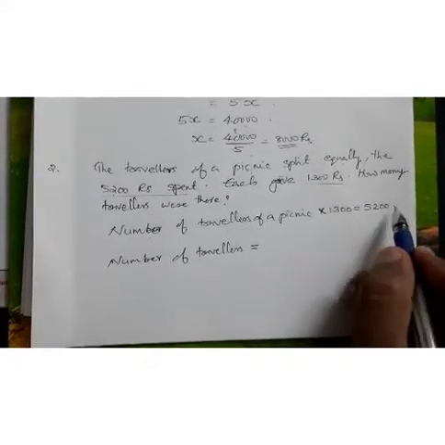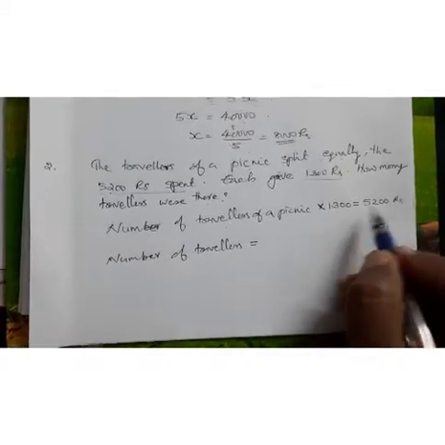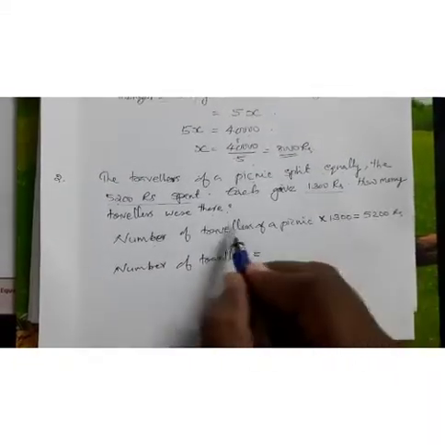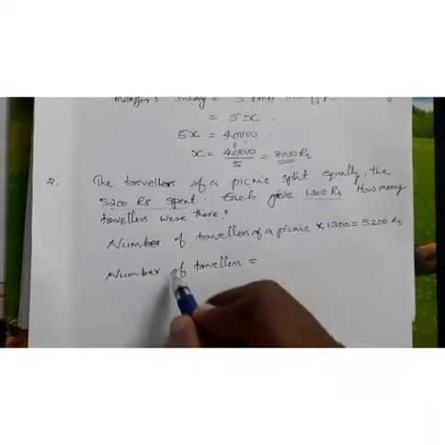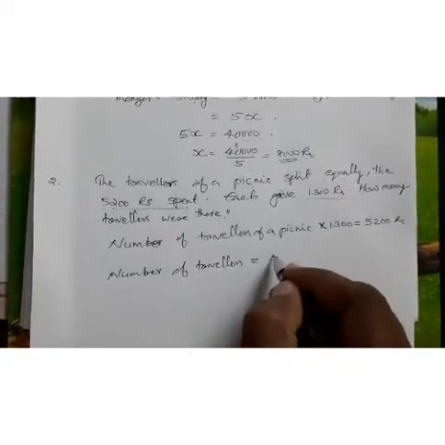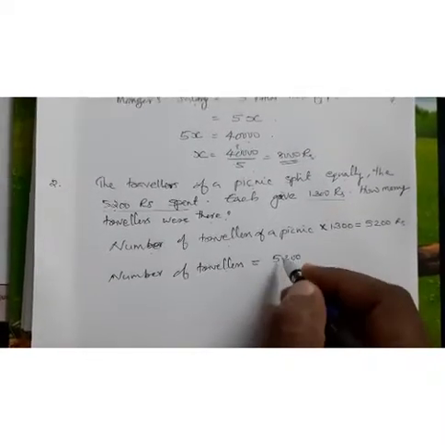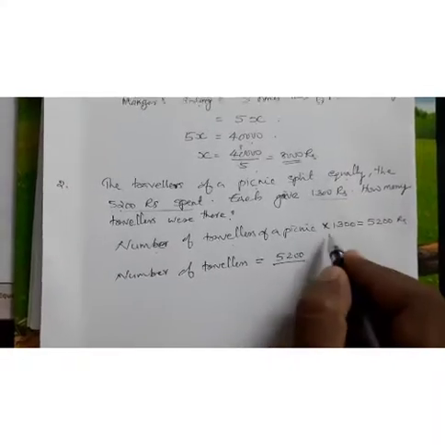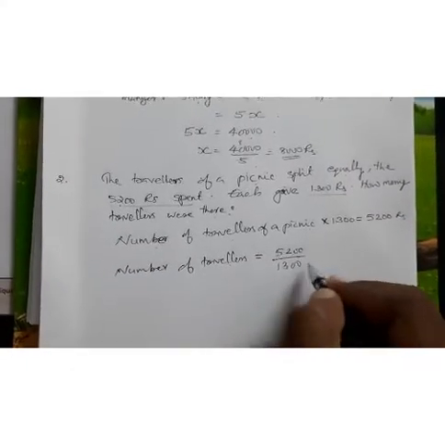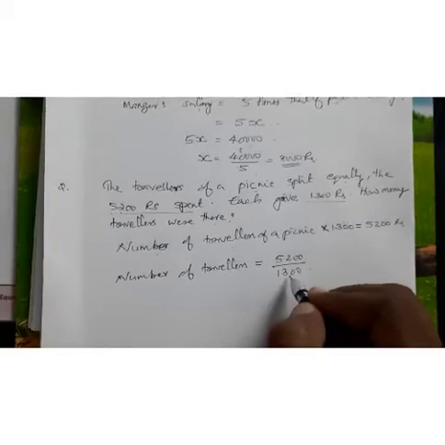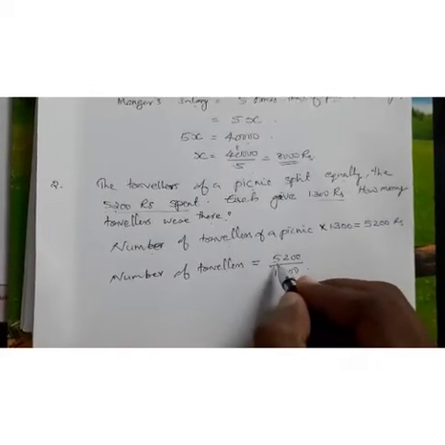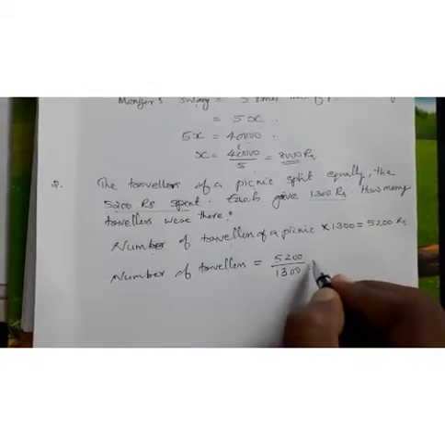You have to find the number of travelers. So the number of travelers is equal to 5,200 divided by 1,300.